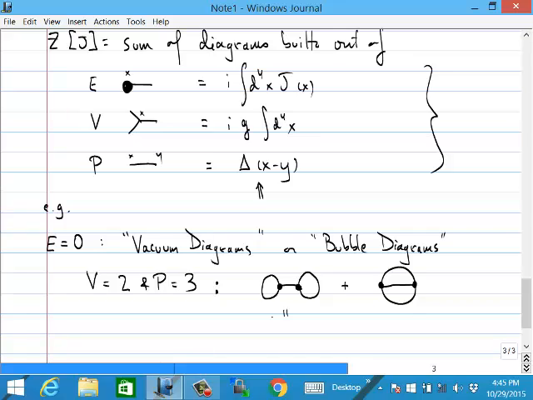So what are they? Well, it's an integral. This one is an integral d4x times an integral d4y with 2 powers of the coupling, and you get a delta of xx, delta of xy, and delta of yy.